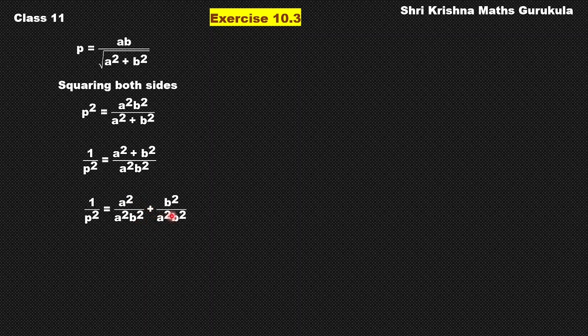And the second term will be, b square gets cancelled and will be left with 1 by a square. So let us write it now. 1 by p square is equal to 1 by b square plus 1 by a square. Just rearranging the term gives us the required equation. That is 1 by p square is equal to 1 by a square plus 1 by b square.